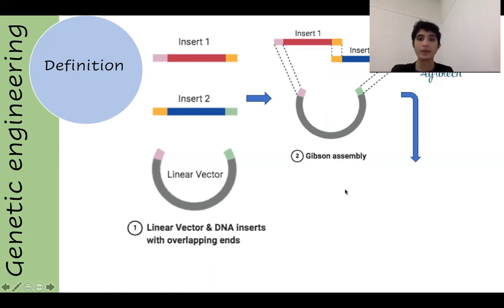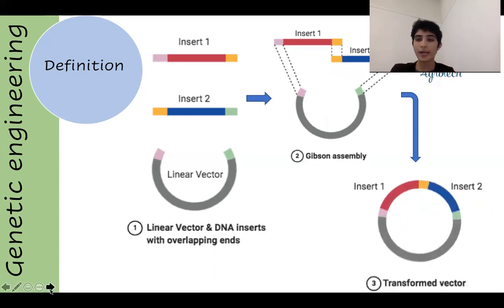Then finally, we will have a recombinant DNA which has a different set of genetic material now, like a hybrid. We had a linear vector that had a different set of genetic material. Now we have inserted some DNA from different genetic material, insert one and insert two.